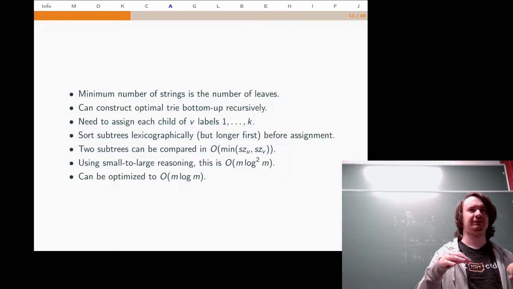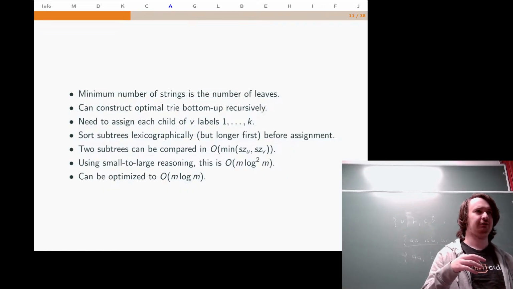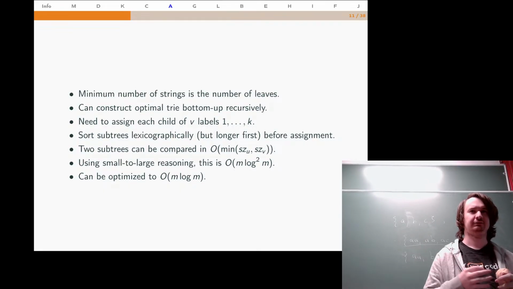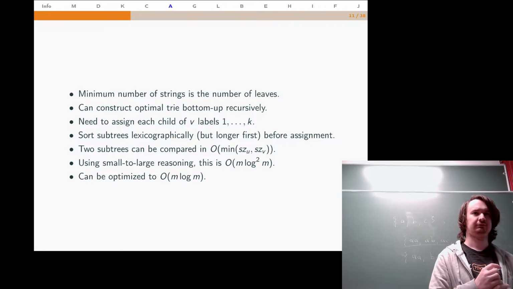So you assign an integer to each subtree at the same depth. And then we process the level above them, and we reassign integers again.